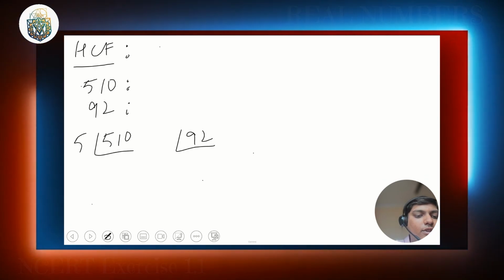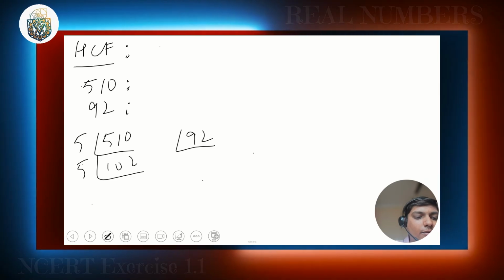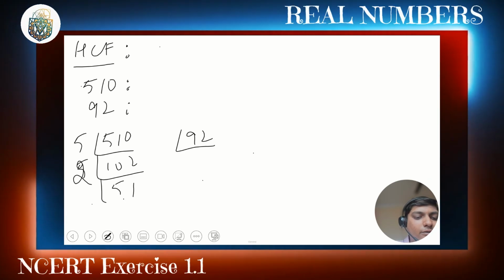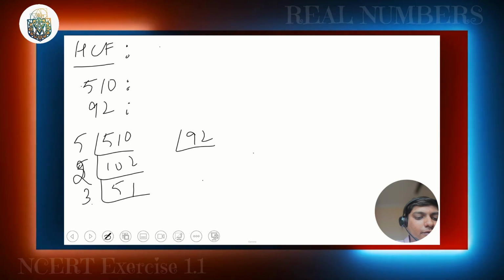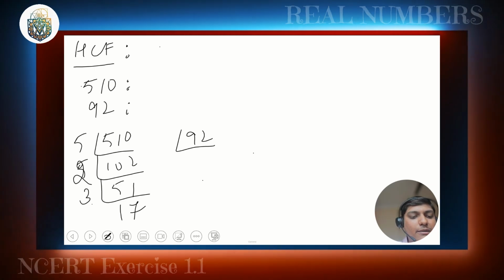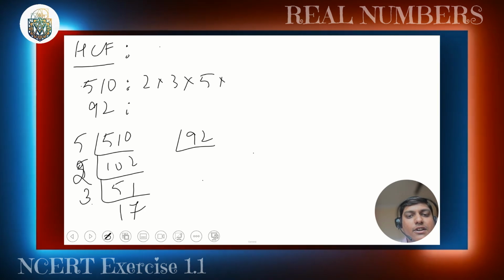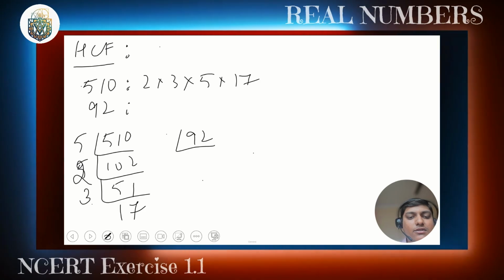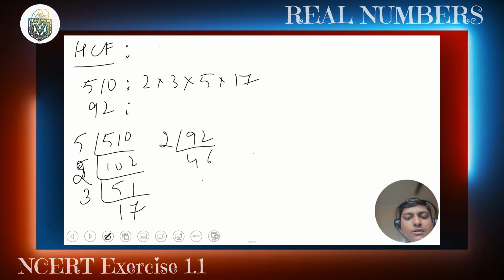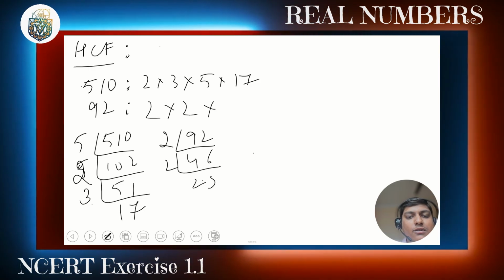So 510 can be expressed as 2 into 3 into 5 into 17, okay, you can always do that. Then 92 is 2 into 2 into 23.